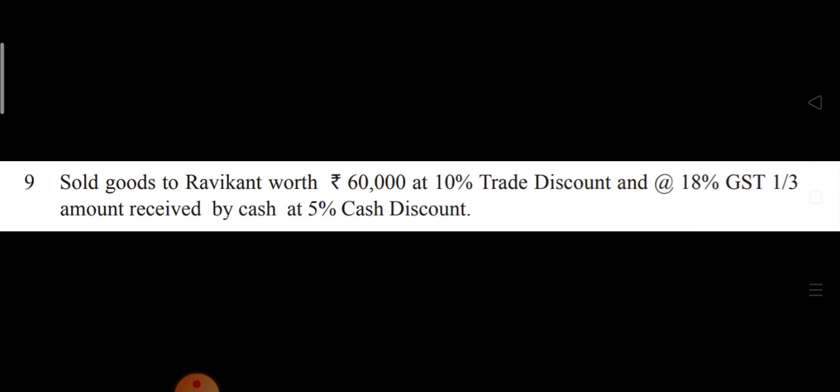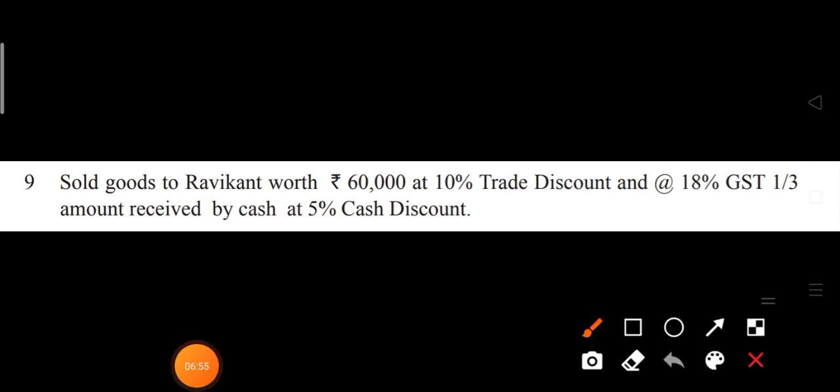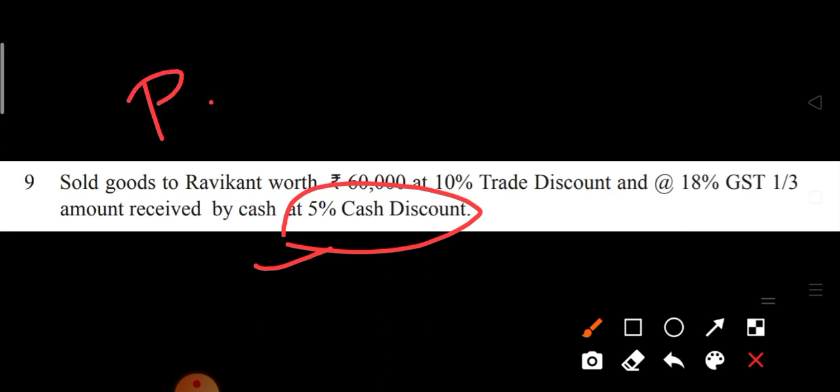Now listen very carefully. Whenever we are giving cash discount, that cash discount is only based on cash payment. What does it mean? Suppose I purchased goods worth 60,000 rupees, and suppose I am making payment in cash on the spot. I have not made a credit purchase or credit sale.